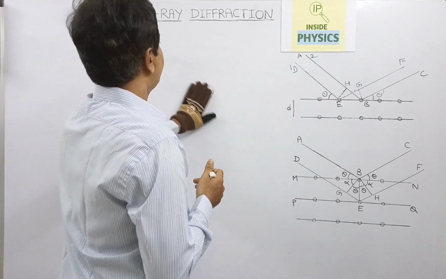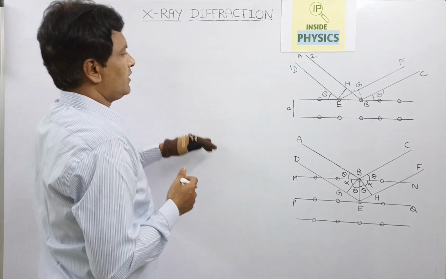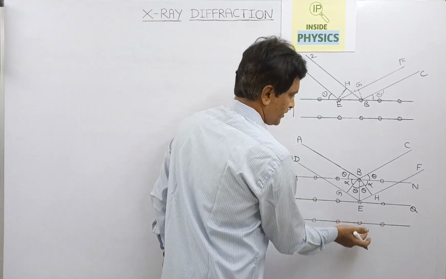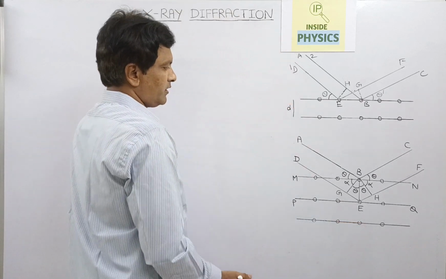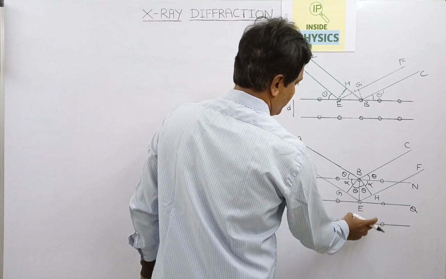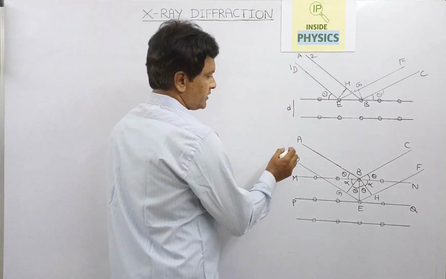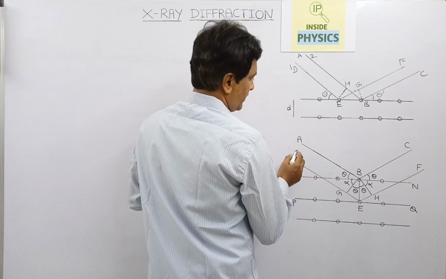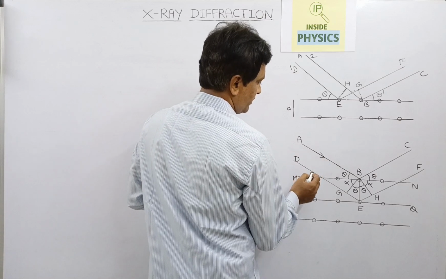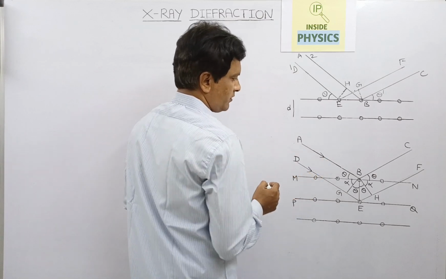So in this way we will move to the next figure. Here at the bottom we will consider the actual Bragg's law from this second figure. This is the incident ray AB, the incident X-ray. We should give the direction of incidence.